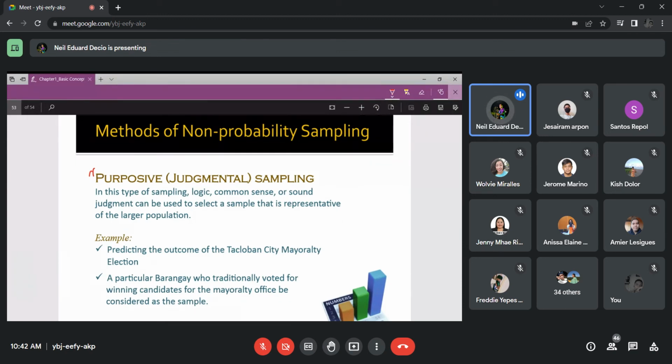Let's have that activity. You're going to identify the variables and the sampling techniques. What else?